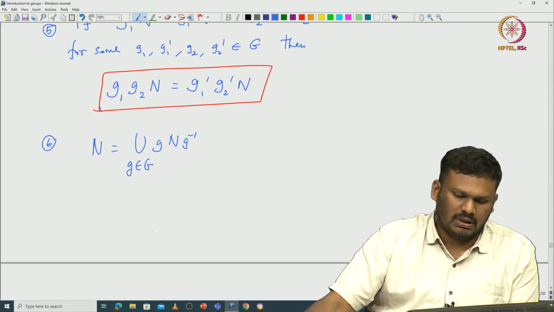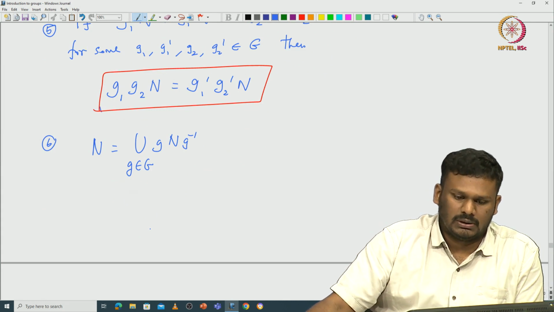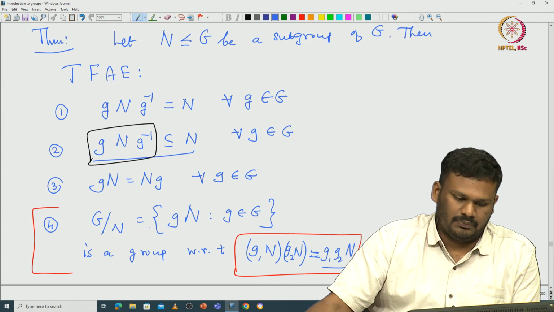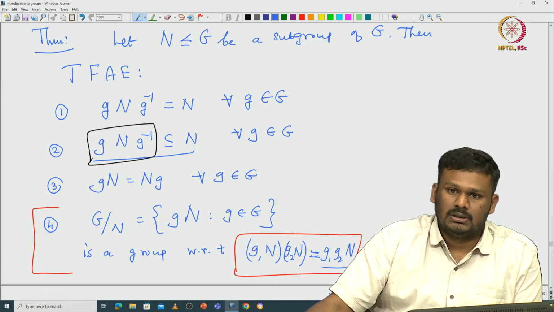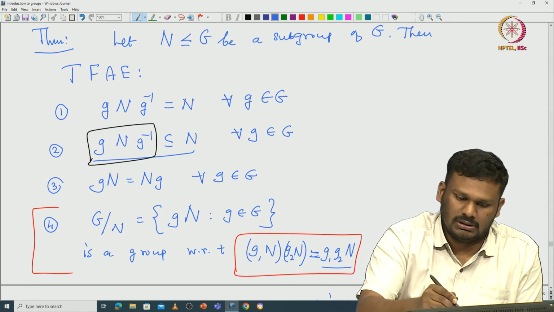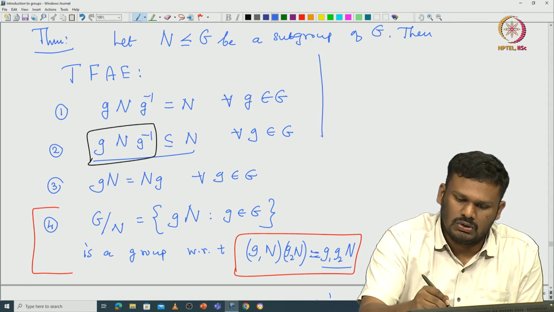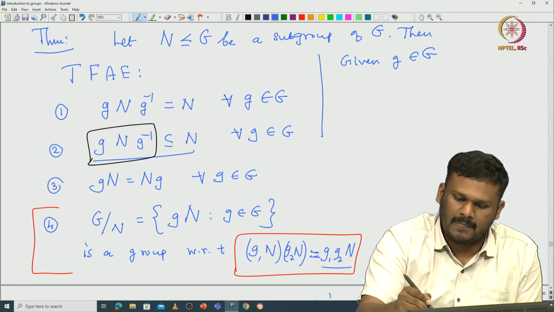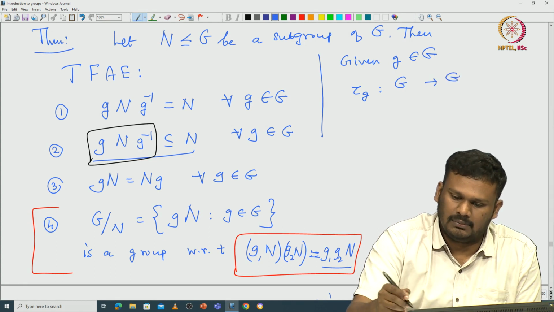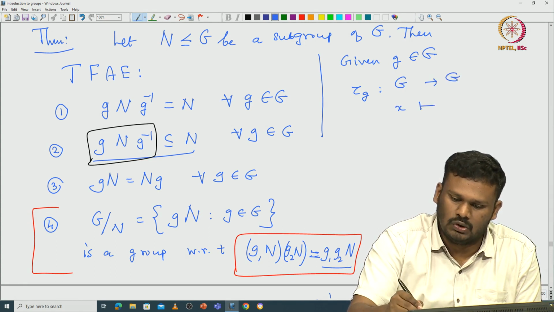And if we think about it more, there is this inner automorphism of G given by this element small g in G. Okay, so given capital G, one can define this tau g from capital G to capital G given by x goes to gxg inverse.